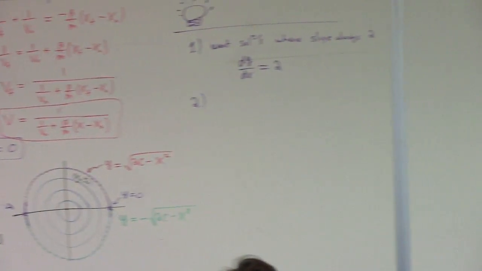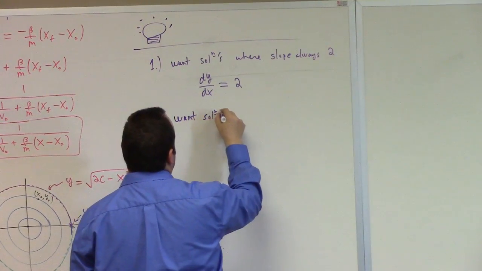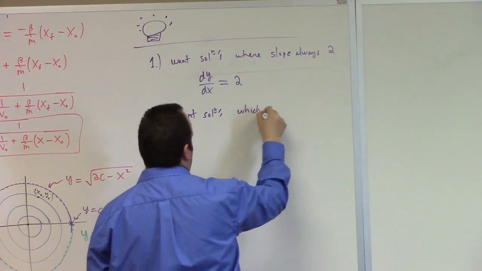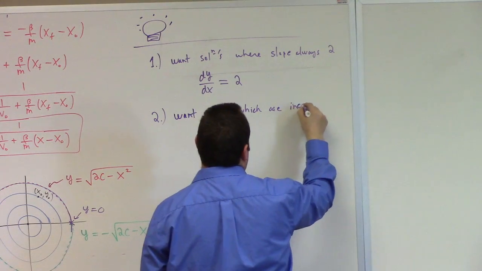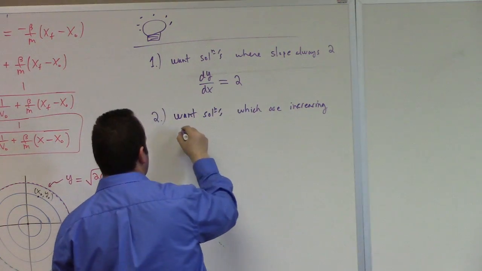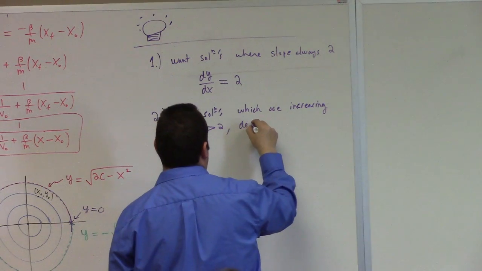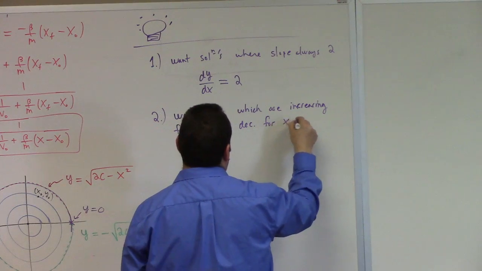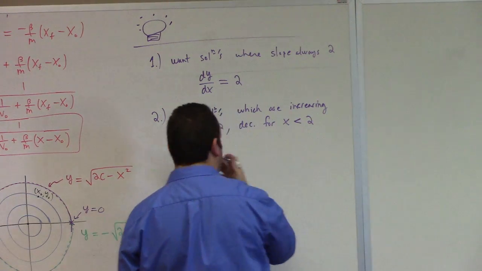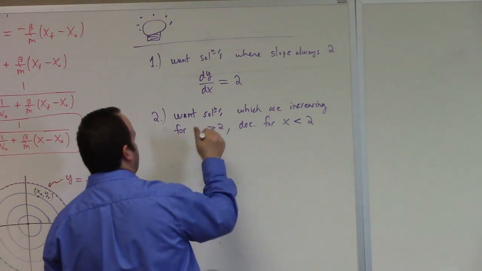Not too exciting. What if you want solutions which are increasing for x greater than 2 and decreasing for x less than 2, right? Let me forget about x. Let's use y.